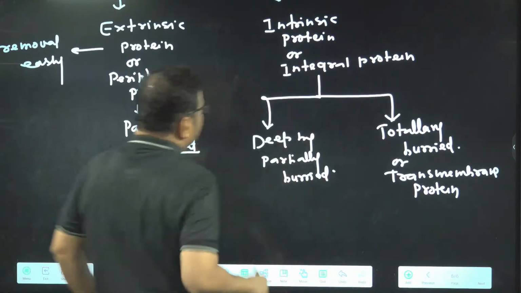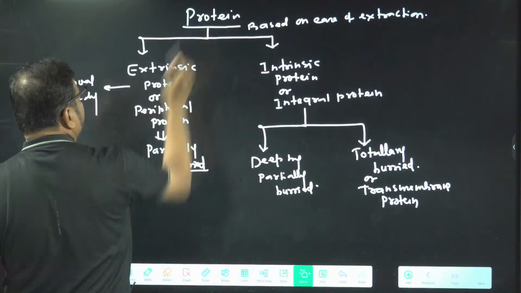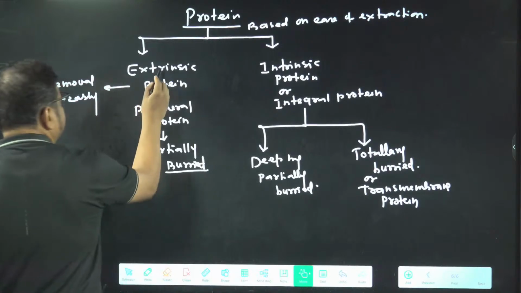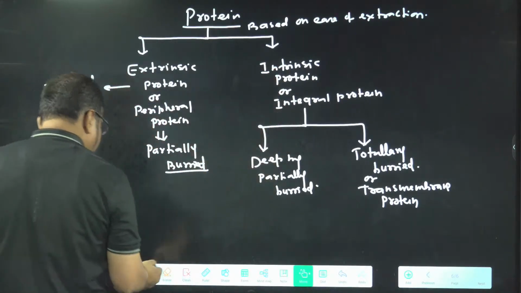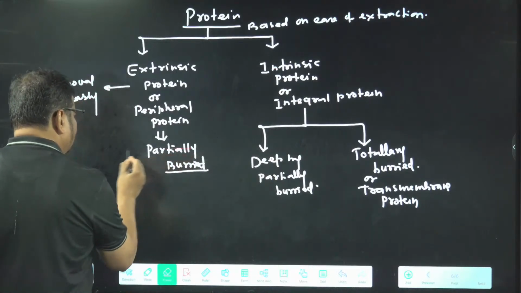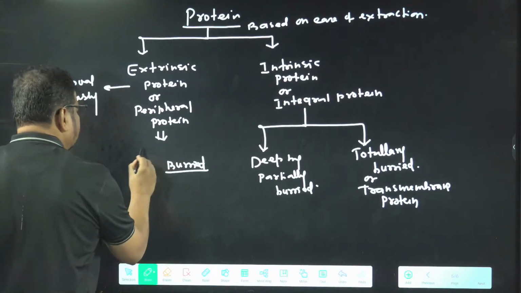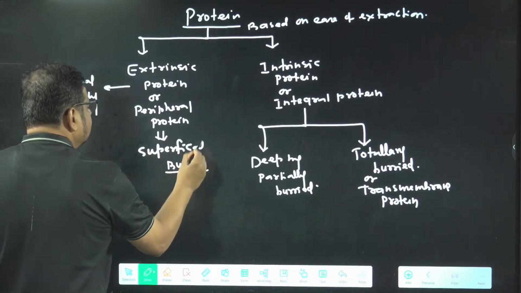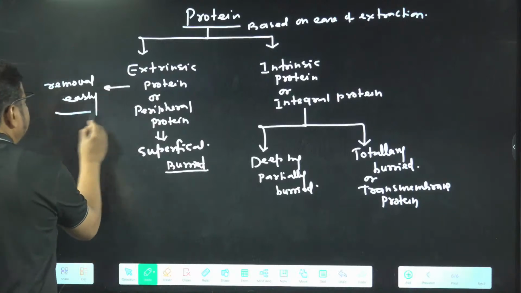Got the idea? Let me tell you once again. There are two types of protein based on ease of extraction present in the plasma membrane: extrinsic or peripheral, and intrinsic or integral. Extrinsic or peripheral proteins are superficially buried, very superficial, just above, and are easily removed.